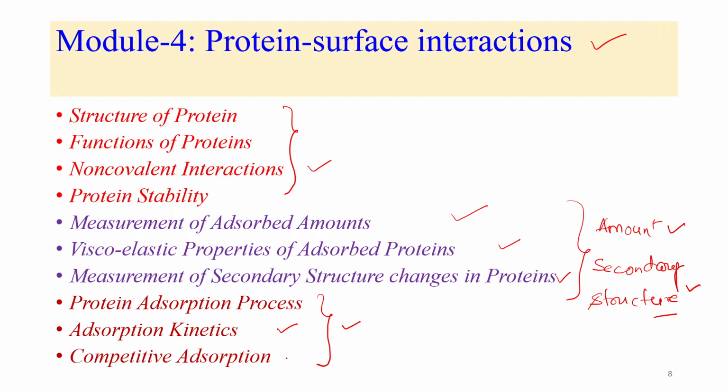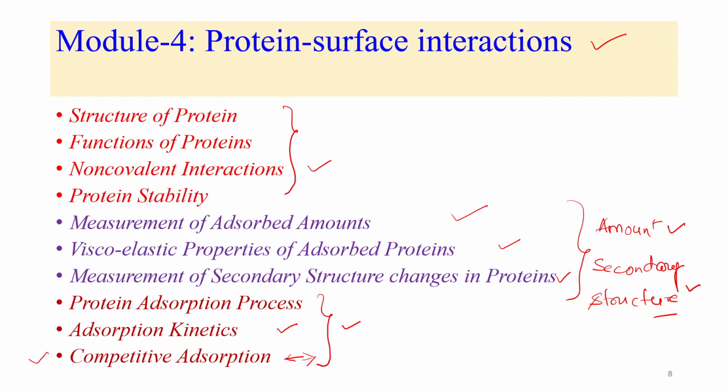We also discussed that body fluid has a mixture of proteins, so during adsorption there is always competitive adsorption. One example of competitive adsorption is the Vroman effect, where larger protein molecules displace smaller proteins which are pre-adsorbed on the surface.